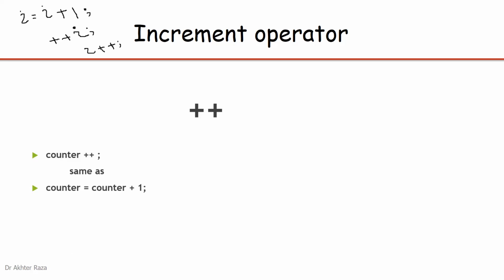So both are correct, but both have different effects. The value will be increased by 1 in both cases, but it has a different effect in output. Prefix and postfix, both versions are available.